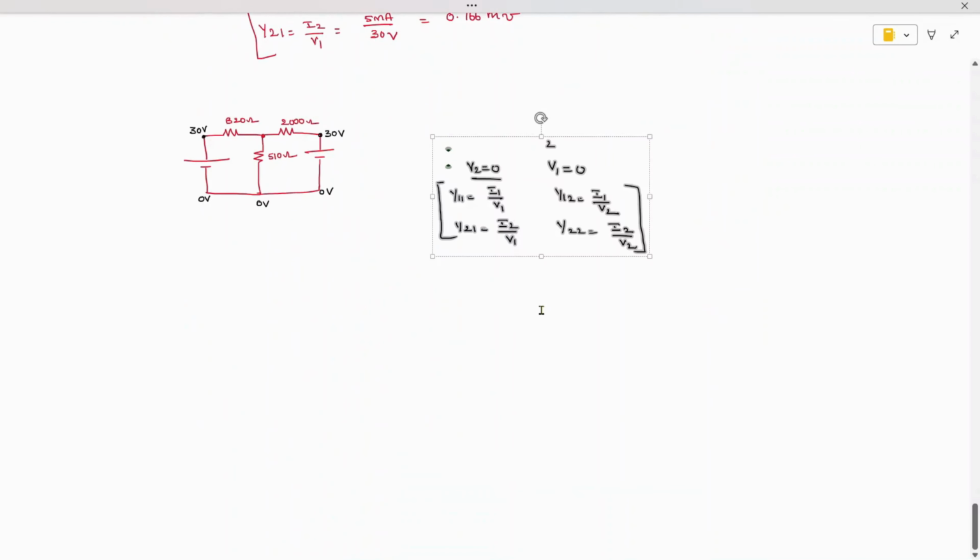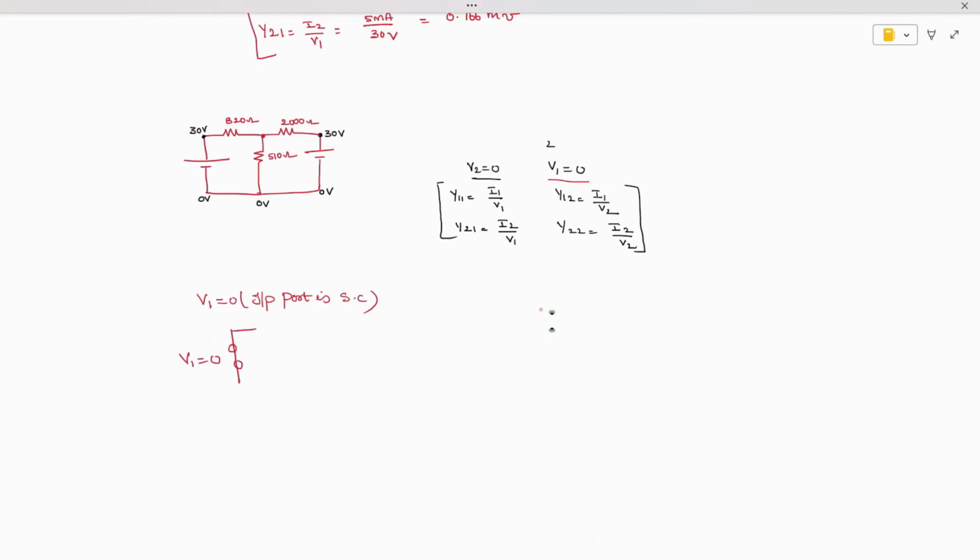So for this circuit, we have to make V1 is 0. When V1 is 0, it indicates that the input port is short circuited. So now make the input a short circuit. So now I am making V1 equal to 0.